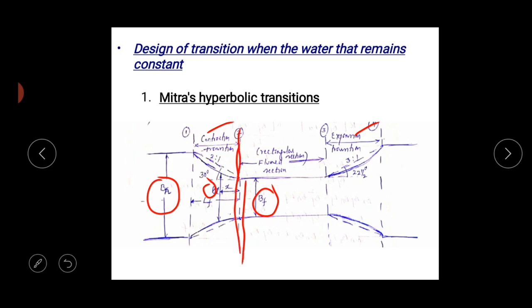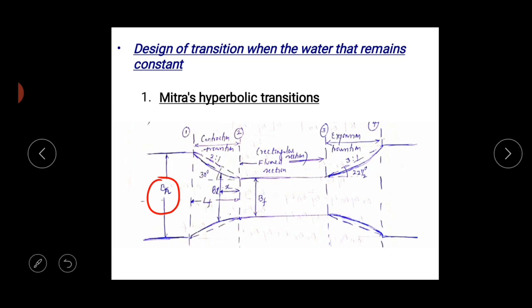This section is a flumed section, this second and third is a separate flumed section, and from 2 to 1 this is a transition section, and from 3 to 4 it is a transition section. So Bx is the base width of the transition section from the flumed section, and we are going to consider it at some distance x from section 2.